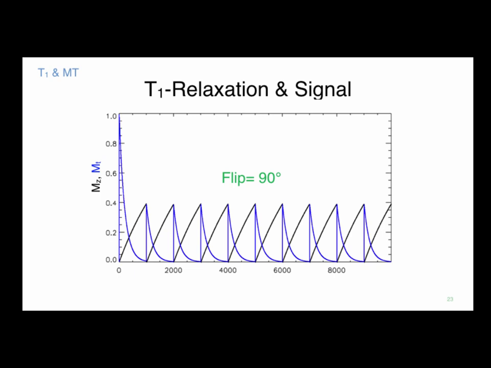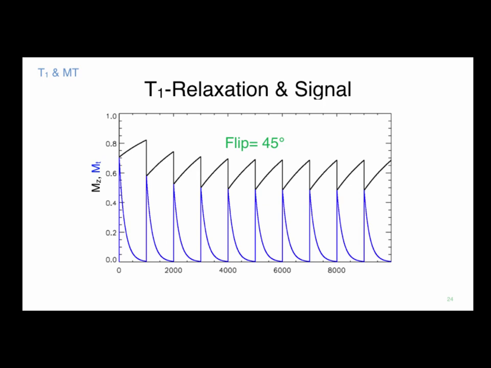So that's shown here. If you do a 90-degree experiment, you excite and the signal decays. If you do an experiment with a lower flip angle, more of the Z magnetization is available. But of course the transverse magnetization, since you tip it only 45 degrees, is now equivalently smaller.